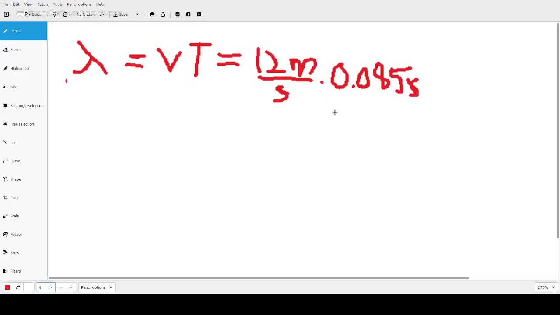Seconds cancel out, and our units are meters, and it's 1.0 meters.